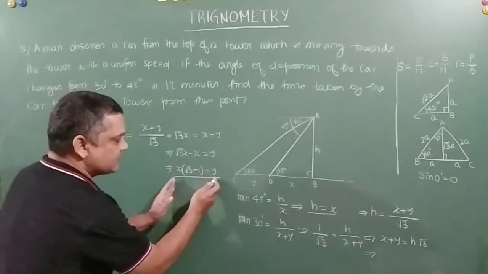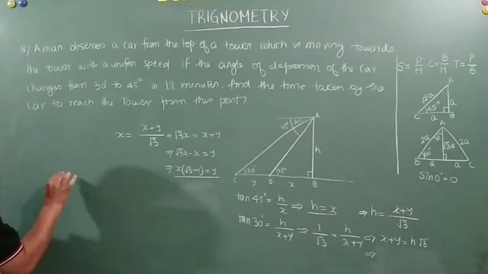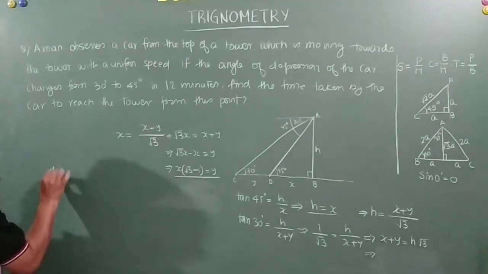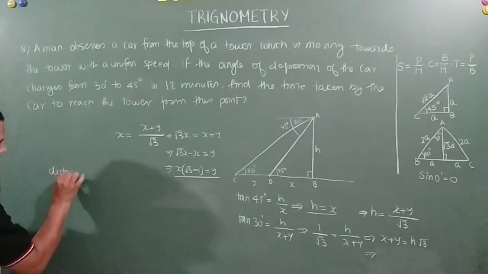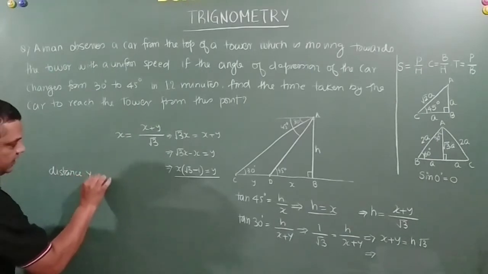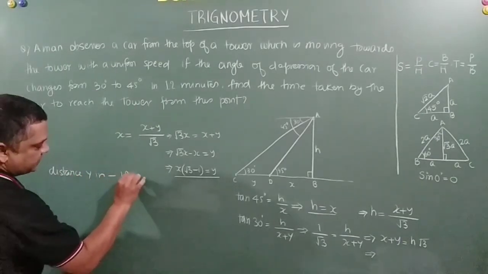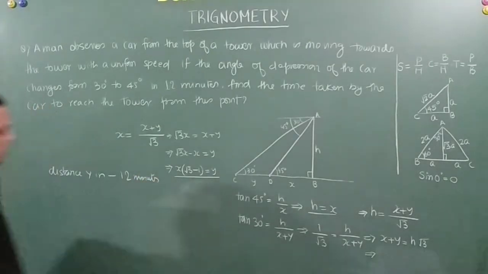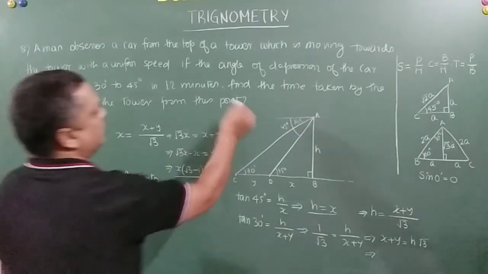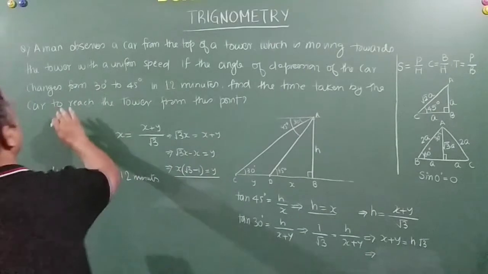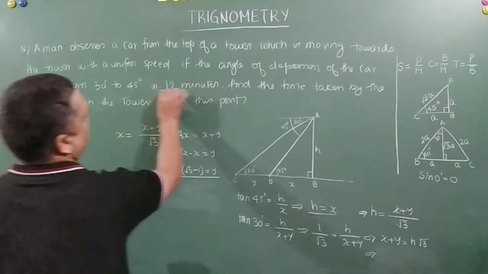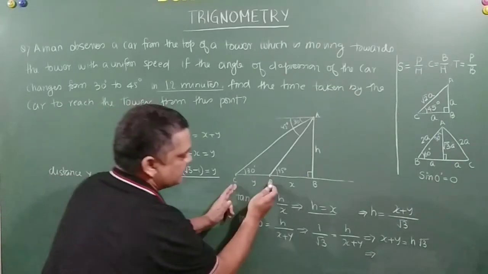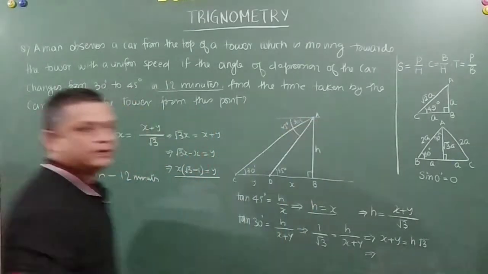So this distance that the car travels, distance y, in how many minutes? 12 minutes, as per the question. Any problem here? See, where is the 12 minutes? So this distance y, it has travelled in 12 minutes.